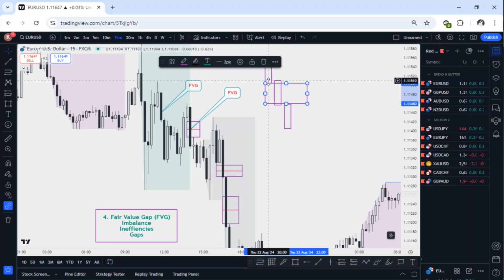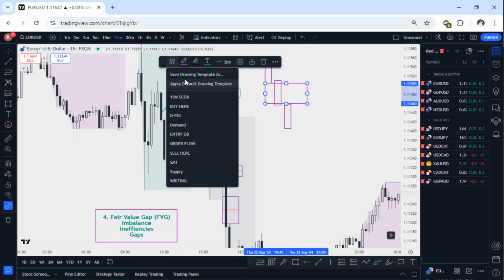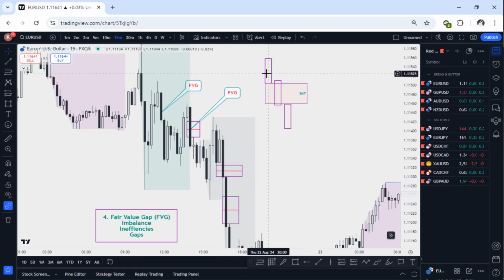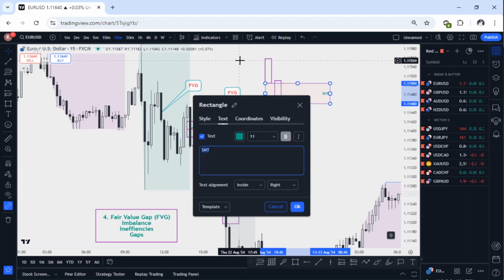You check here the closing of this candle and the opening of this candle. This space is what we are referring to as imbalance. That space between the close of the first candle and the open of the third candle, that is what we are referring to as fair value gap, imbalance, or inefficiency in the market.